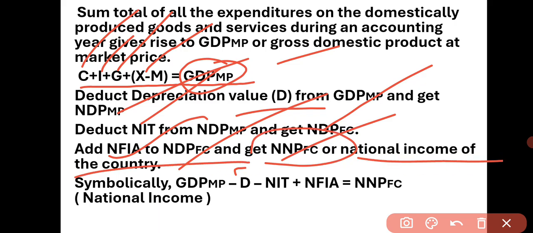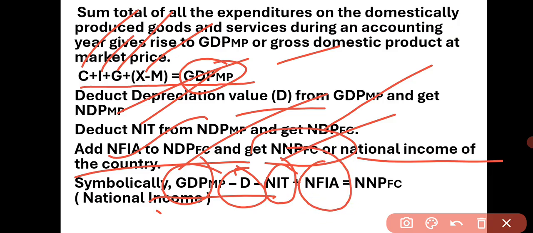So symbolically you can tell, by adding all the expenditures we get GDPMP, and deducting depreciation value from it we get NDPMP, and after deducting NIT from NDPMP we are getting NDPFC, and after adding NFIA to NDPFC we are getting NNPFC, and this NNPFC is the national income.